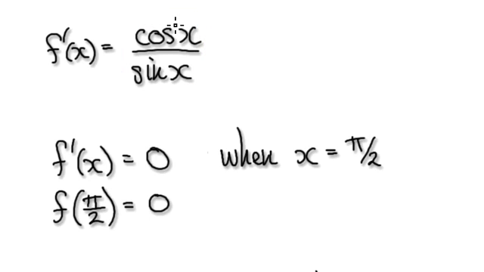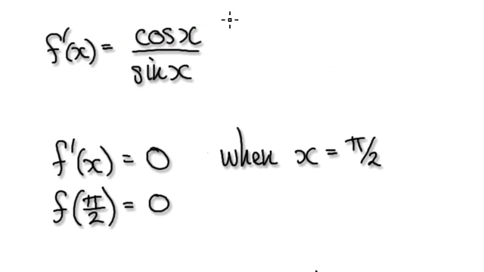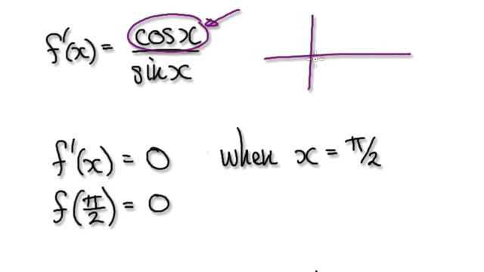Well, concentrate on making this 0, because if you have 0 divided by, let's say 3 or whatever, it would be 0. 0 divided by 2, that would be 0. So concentrate on making this 0. Hang on, cos will look something like this.